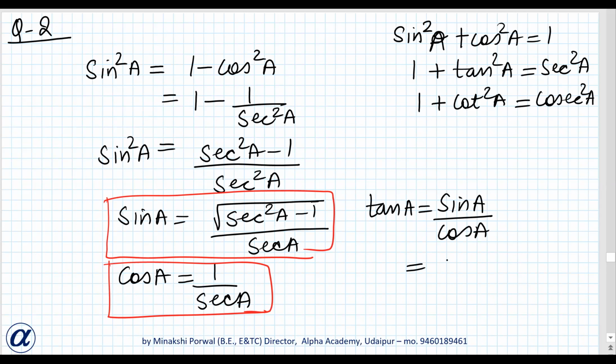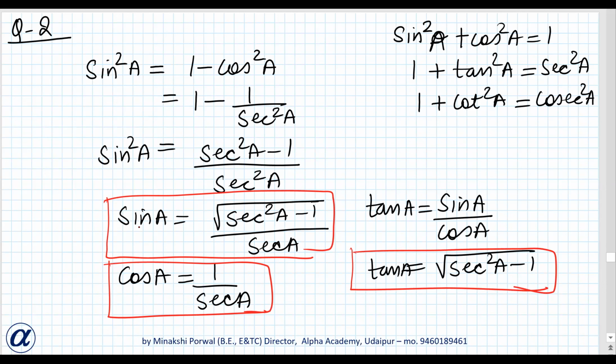I just have to divide sin A upon cos A. This sec A and this sec A will cancel because they are both in denominators, so this will be only the square root of sec square A minus 1. This is tan A.